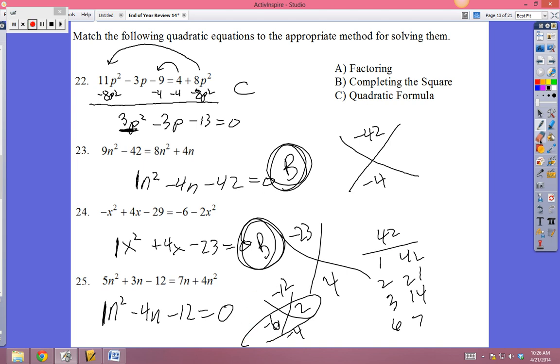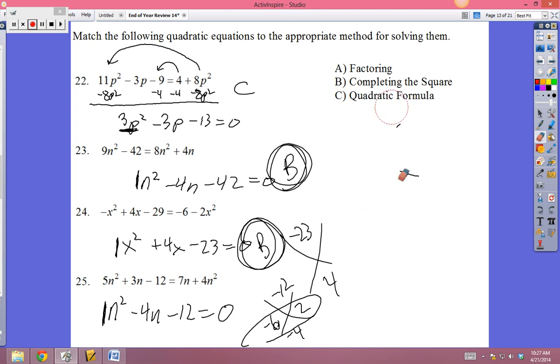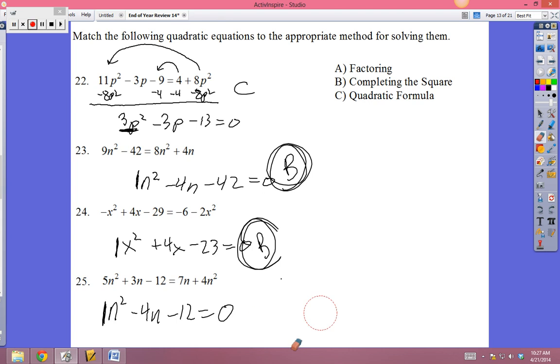So let's go over the factoring and one of the complete the squares. Let's look at 23. So on 23, if you cannot factor it, we've got n squared minus 4n minus 42 equals 0.